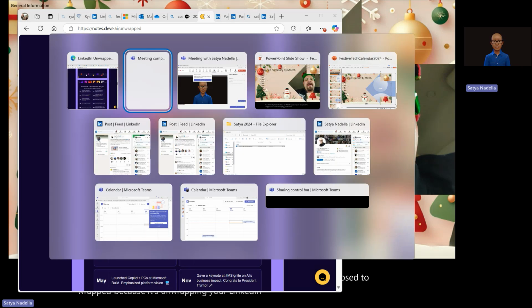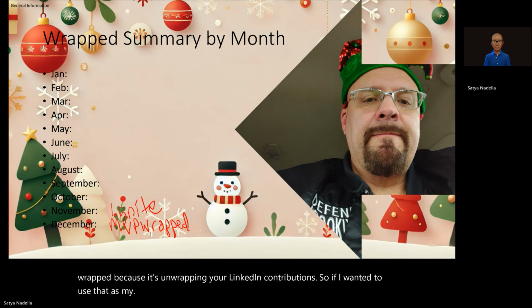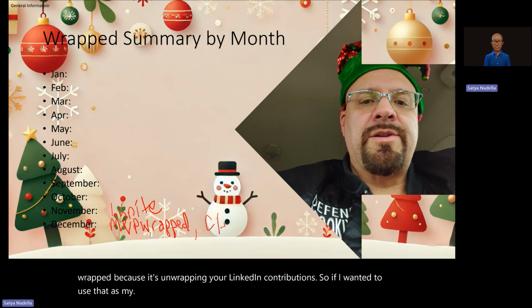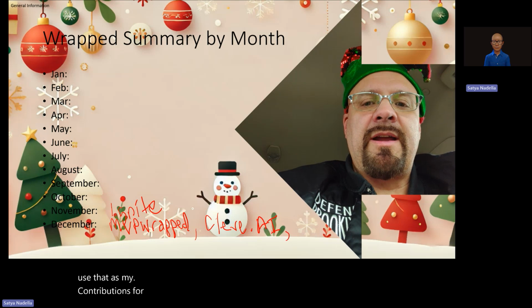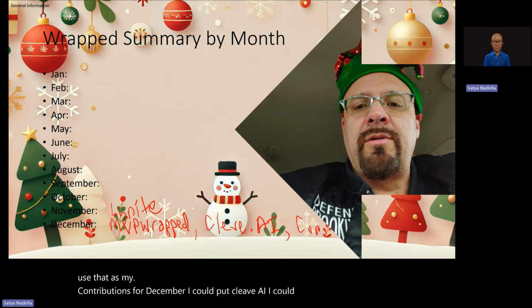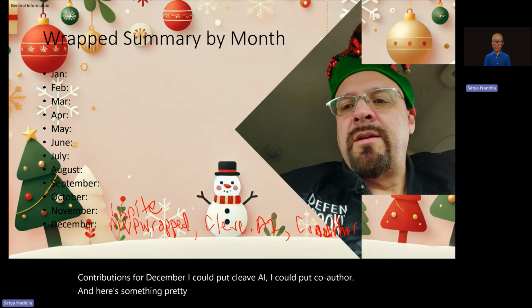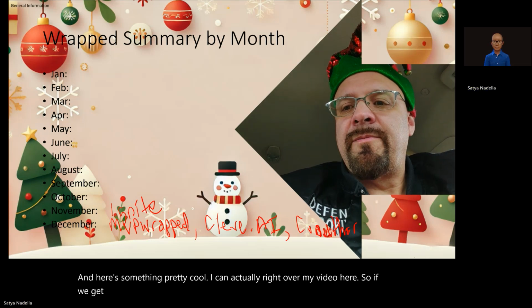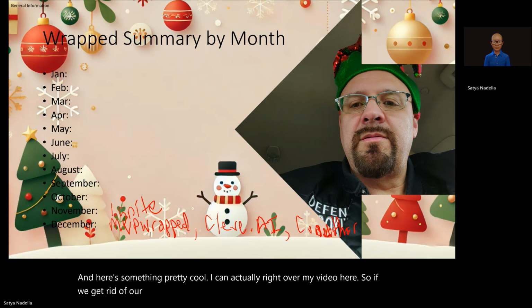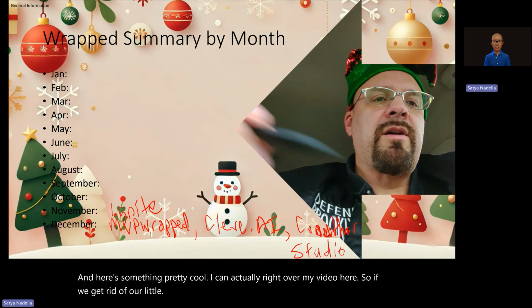So if I wanted to use that as my additional contributions for December, I could put Cleave AI, I could put co-author. And here's something pretty cool. I can actually write over my video here. So if we get rid of our little preview there, I can do that.